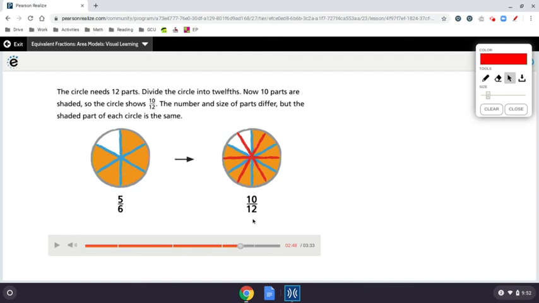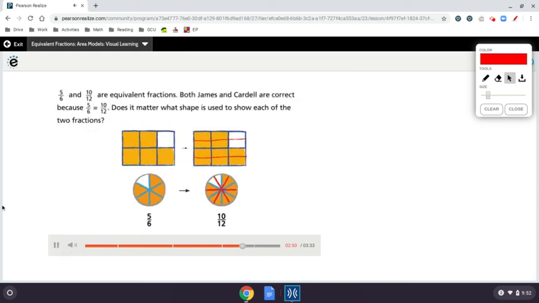So 10 parts of twelfths is equivalent to 5/6 because they are the same part of a whole. Their size is exactly the same of the whole. 5/6 and 10/12 are equivalent fractions. Both James and Cardell are correct because 5/6 equals 10/12.